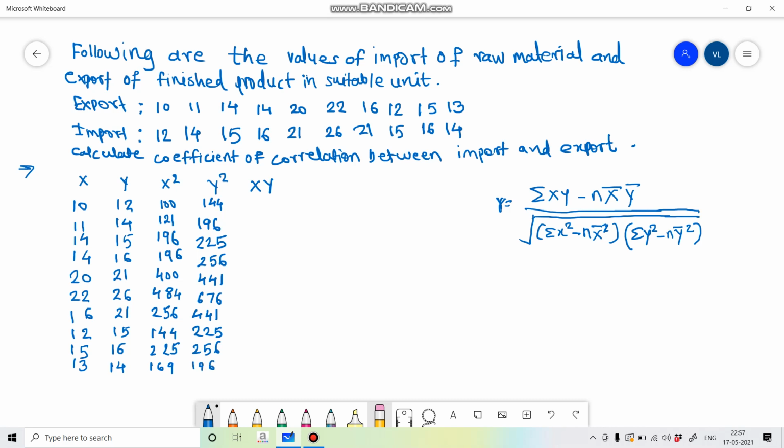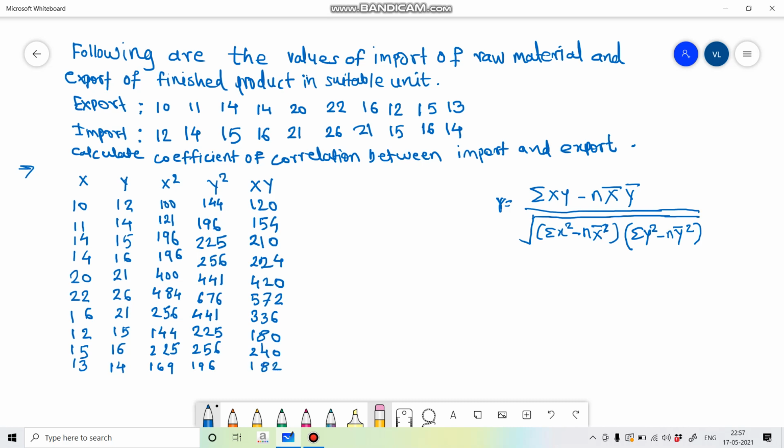Okay, then multiplication of x into y: 10 into 12, how much? 120, 11 into 14 is 154, 14 into 15 is 210, 224, 420, 572, 336, 180, 240 and 182.